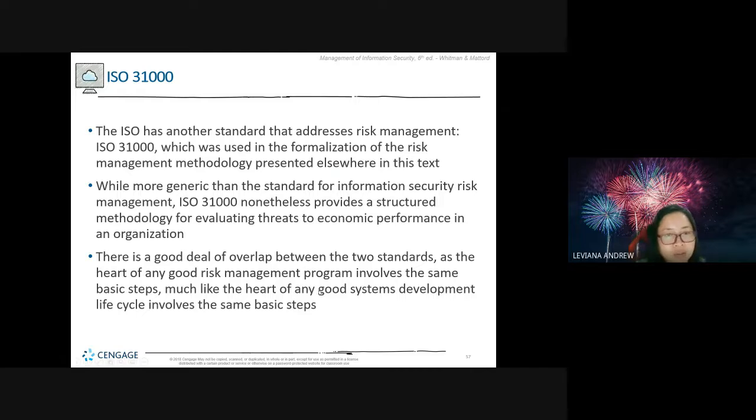ISO 31000 is another standard that addresses risk management, which was used in the formalization of the risk management methodology presented elsewhere in this text. ISO 31000 provides a structured methodology for evaluating threats to economic performance and organization.